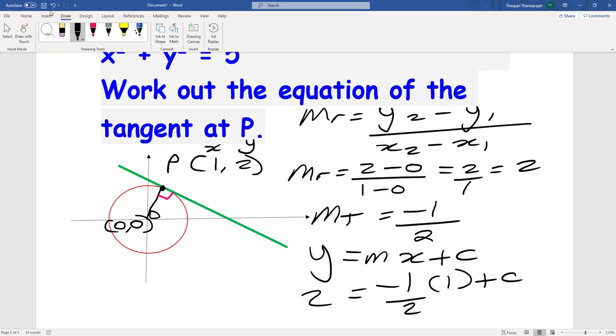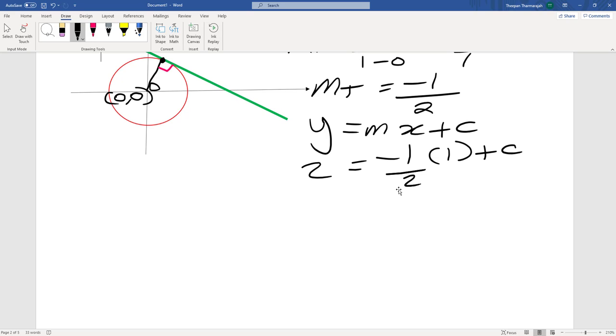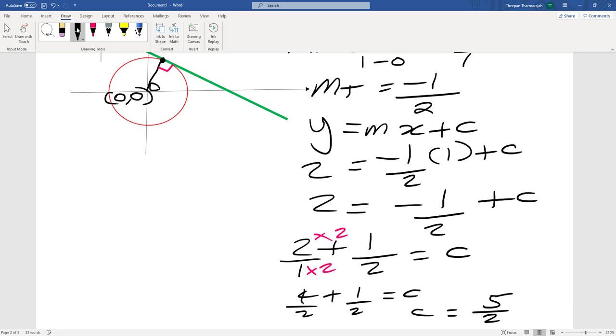Again, the examiner is trying to test your knowledge of fractions here. So this gives me 2 equals minus a half plus c. Taking minus a half to the other side, we get 2 plus a half equals c. This is over 1, and don't forget, we're going to do times by 2. That's going to give me 4 over 2 plus 1 over 2, which equals c. So we can say c is 5 over 2.